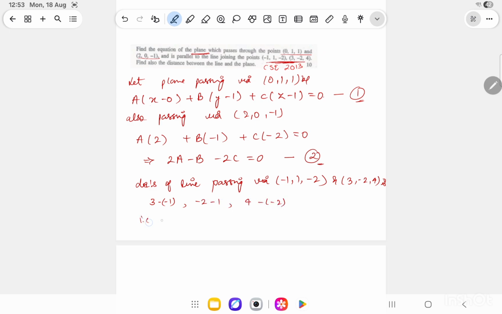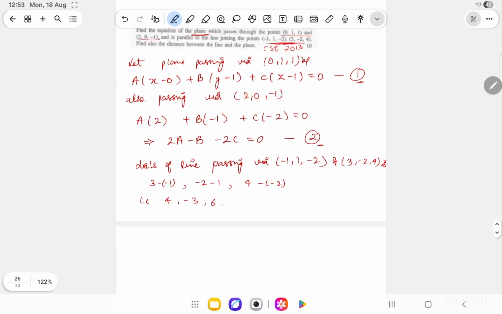That is 4, minus 3, 6. So this plane is parallel to the line with this direction cosine. So the normal is perpendicular to the line with this direction cosine. So we'll get 4a minus 3b plus 6c equals 0. This is equation number 3.